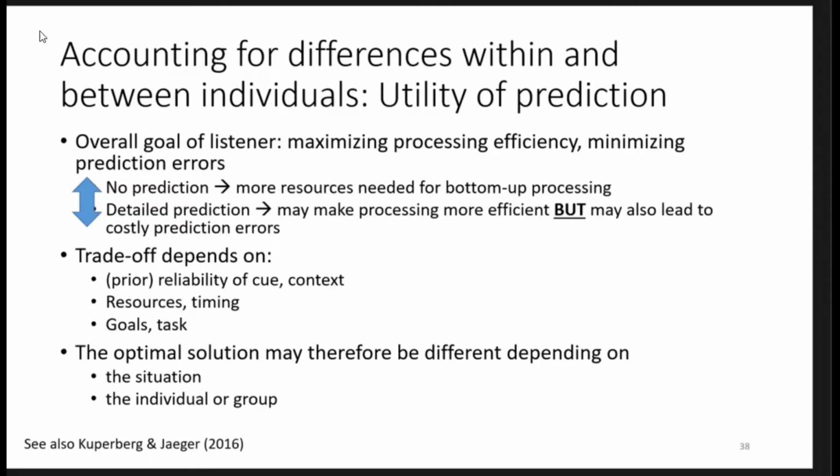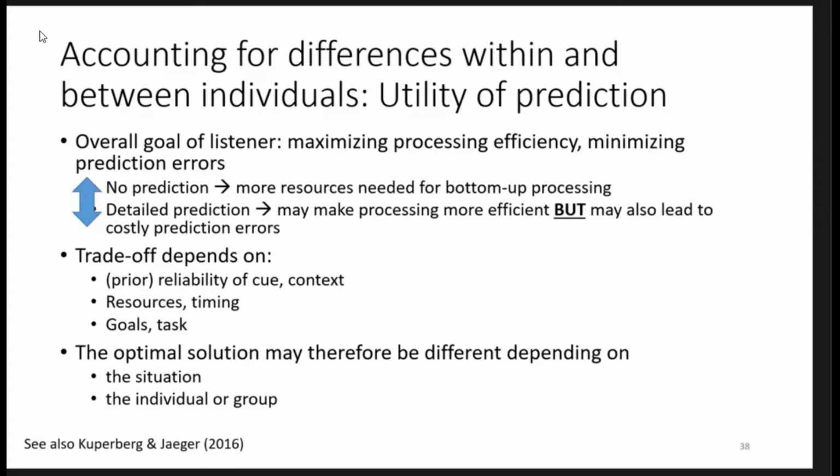Agent for a patient. Okay, let me go with that, for instance. So that's how that might work. And the optimal solution is therefore dependent on the situation, on the task, and on the individuals and the group. And that relates to all these individual differences, properties that I mentioned in one of my first slides.